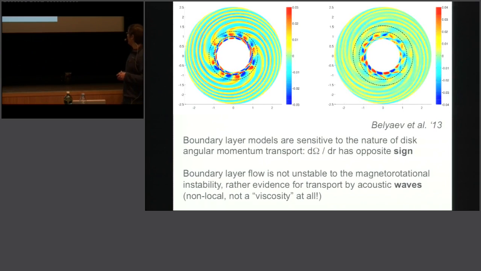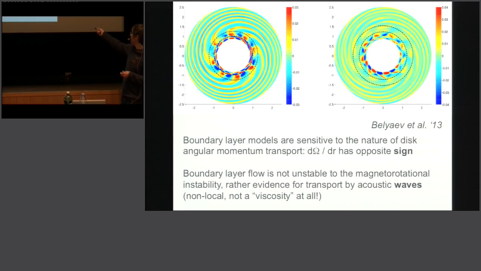So fairly recent work by Belyaev, Rafikov, and collaborators suggests that this boundary layer flow is not unstable to magnetohydrodynamic instabilities, but rather is unstable to a different kind of instabilities which give rise to waves within the disk, and that the angular momentum transport near the boundary layer is dominated by this wave transport rather than, say, by magnetohydrodynamic processes.